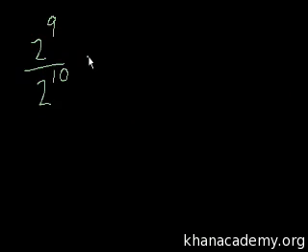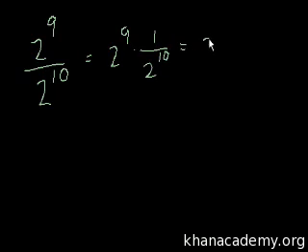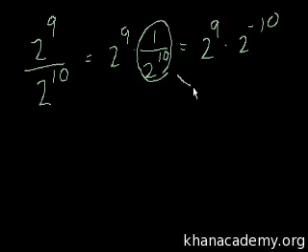Well, we know that this is also the same thing as 2 to the 9th times 1 over 2 to the 10th, right? And we know 1 over 2 to the 10th, you could rewrite this as 2 to the 9th times 2 to the negative 10, right? All I did is I took 1 over 2 to the 10, and I flipped it, and I made the exponent negative. And I think you know that already from level 2 exponents.